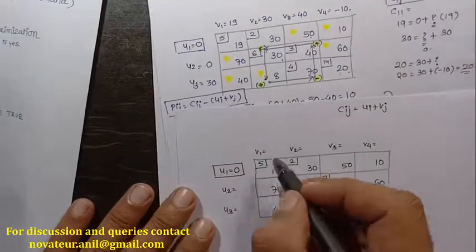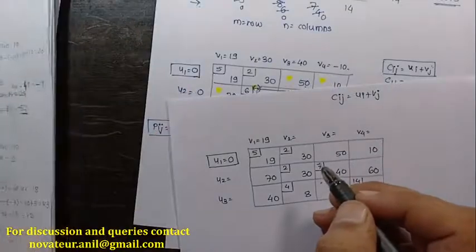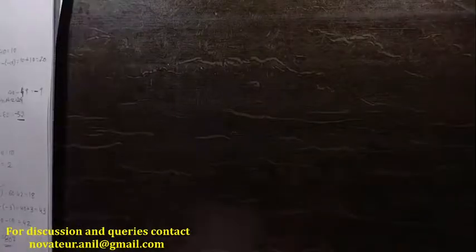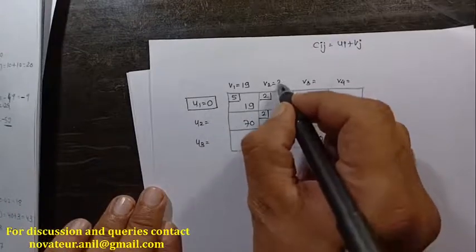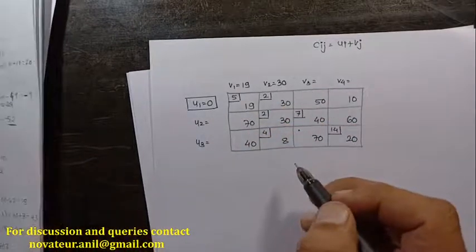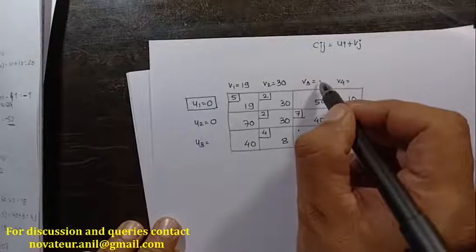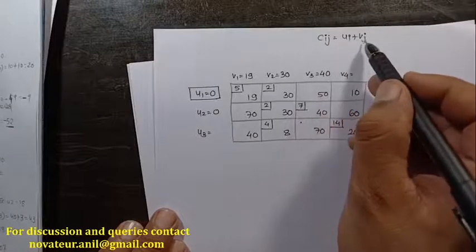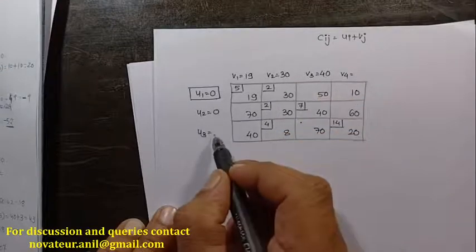Now 0 plus something is equal to 19, so I'll write down 19 here. 0 plus something is equal to 30, so I'll write down 30 here. Again 30 plus something is equal to 30, so I'll write down 0 here. 0 plus 40 is equal to 40. I'm not going to elaborate further because it's very simple. Cij is equal to Ui plus Vj.